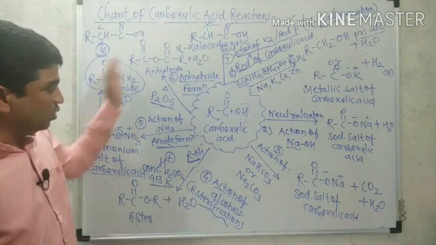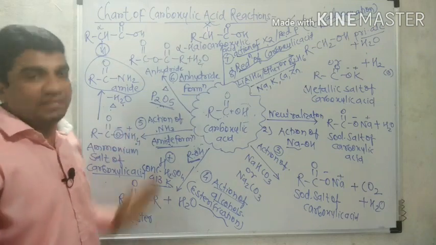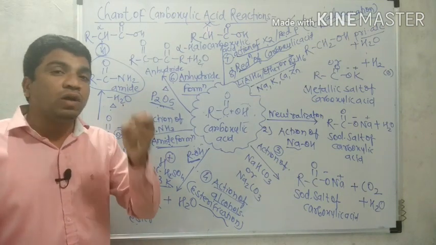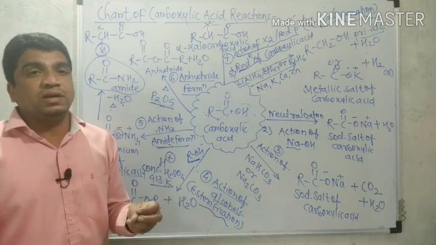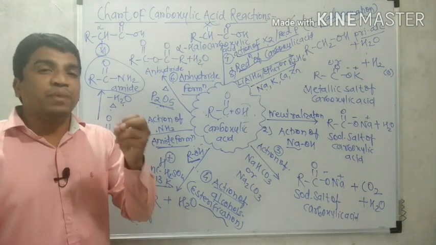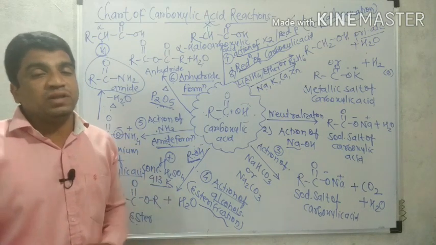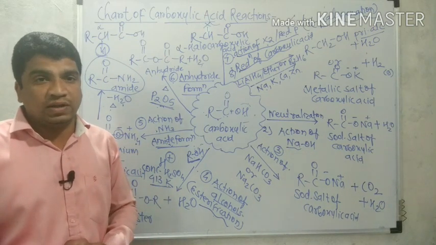Now that is about the chart of carboxylic acid. If you want to learn the complete reactions, you can prepare a chart of those reactions. It may be preparation methods or it may be chemical properties.